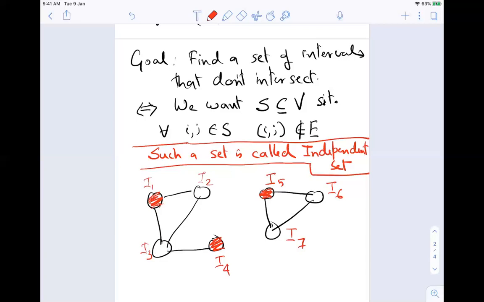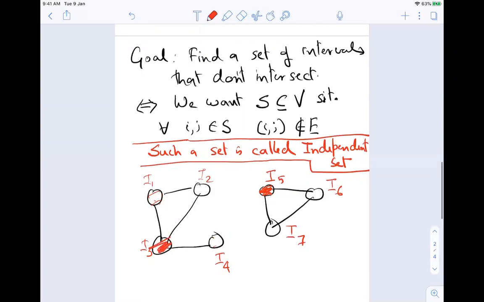So note that there can be multiple different independent sets. Like this is an independent set, I1, I4 and I5, and you have another independent set which is I3 and I5.